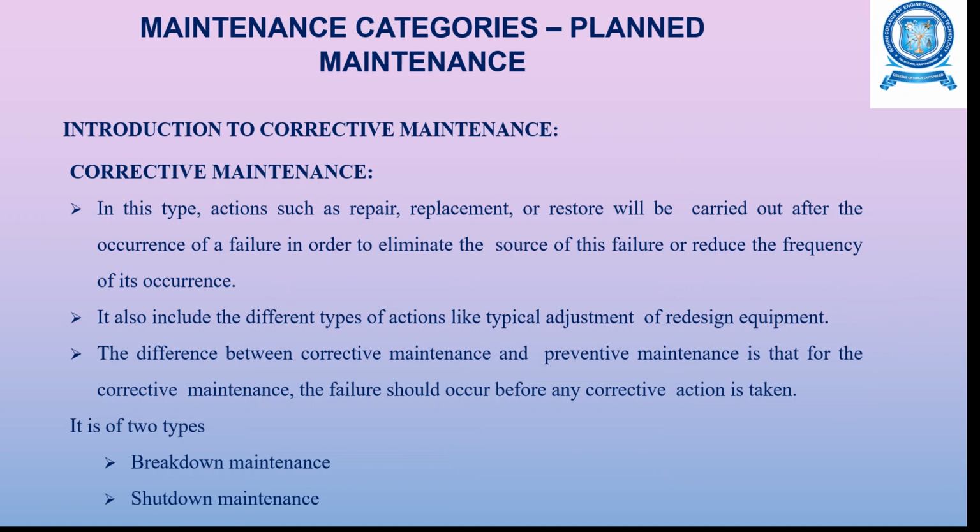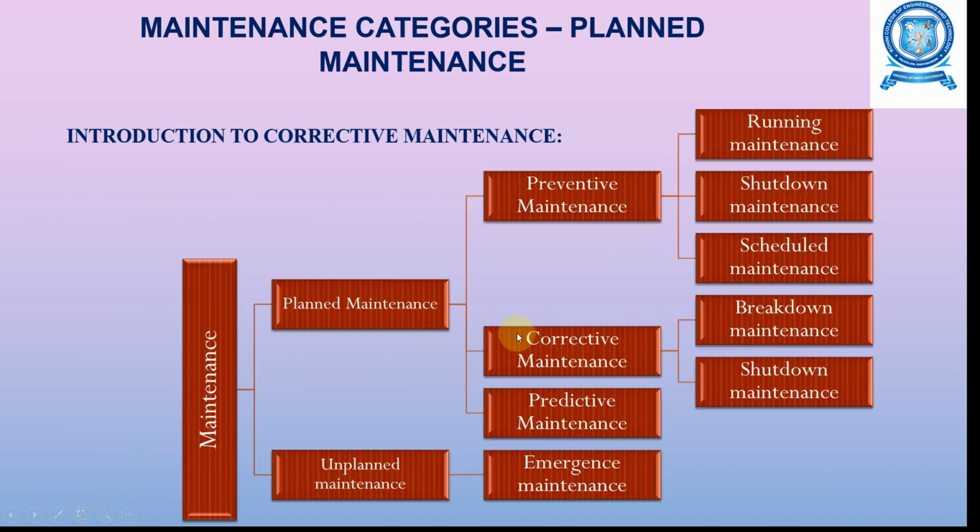The difference between corrective maintenance and preventive maintenance is that in corrective maintenance, failure should occur before any corrective action is taken, whereas preventive maintenance is preventing the failures or defects of the equipment. Normally, corrective maintenance is classified into two types, that is breakdown maintenance and shutdown maintenance.